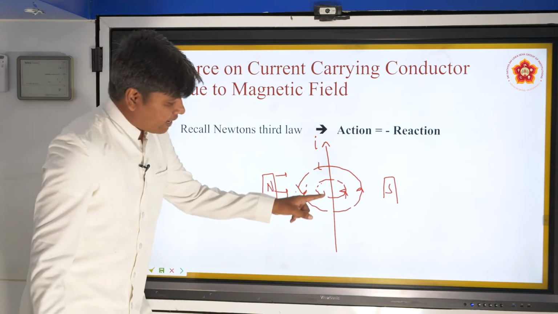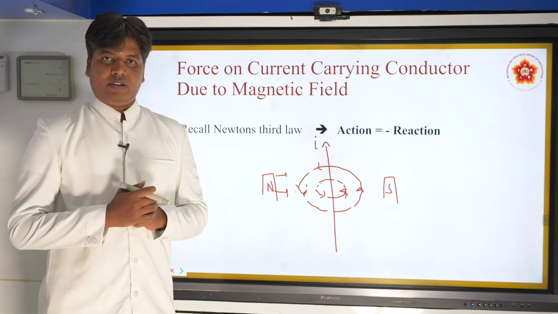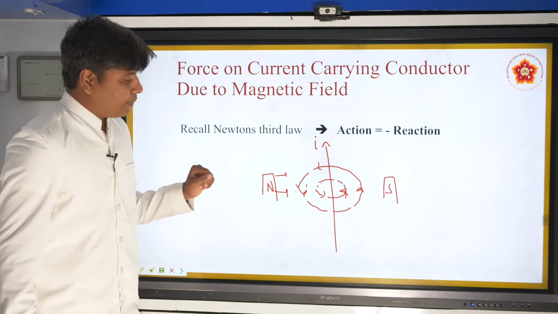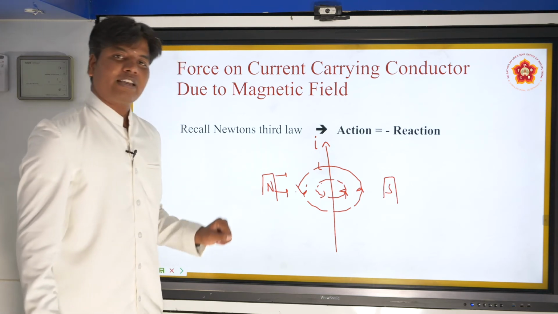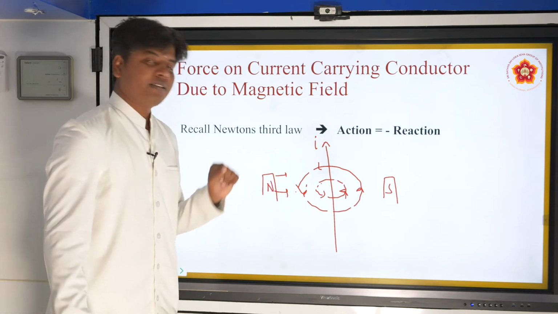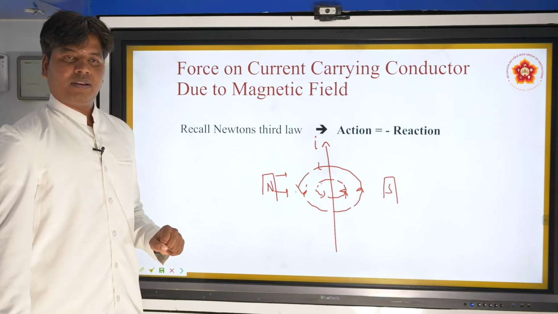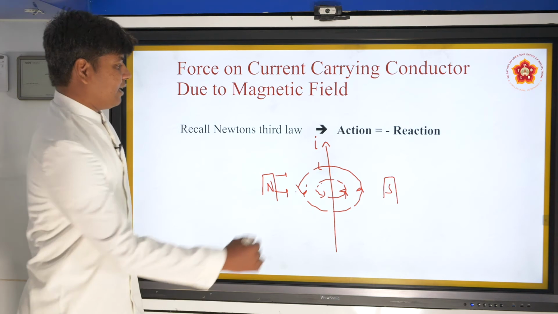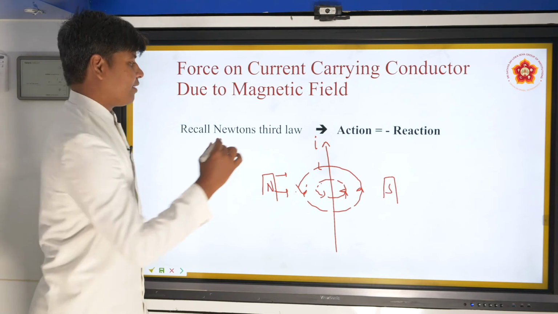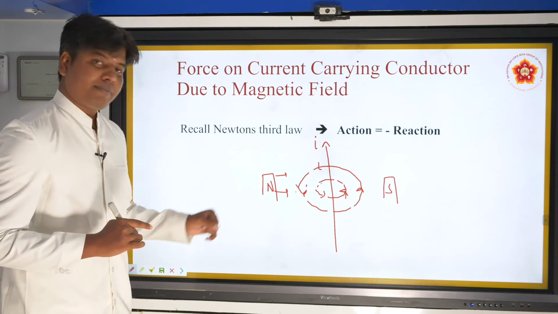Now this current carrying conductor also has a magnetic field. This bar magnet also has a magnetic field. So this magnet experiences a force due to this magnetic field, right? Because it is under the influence of this current carrying conductor's magnetic field. In the same way, this current carrying conductor also experiences a similar force by this bar magnet, yes or no?